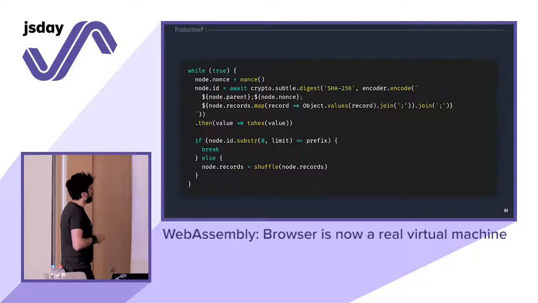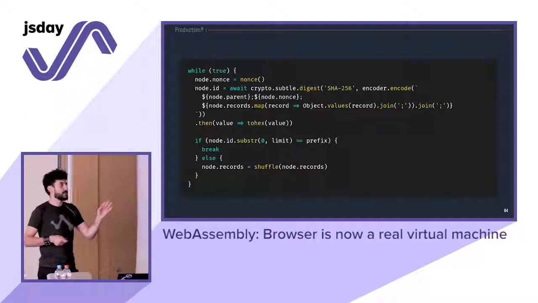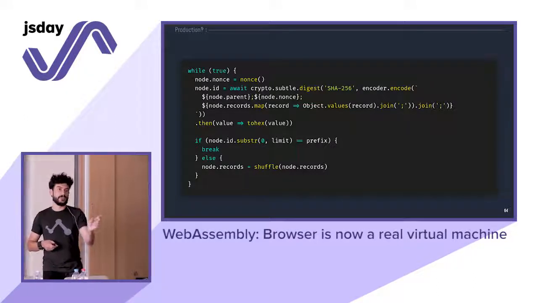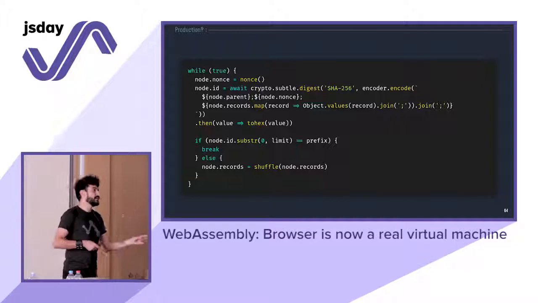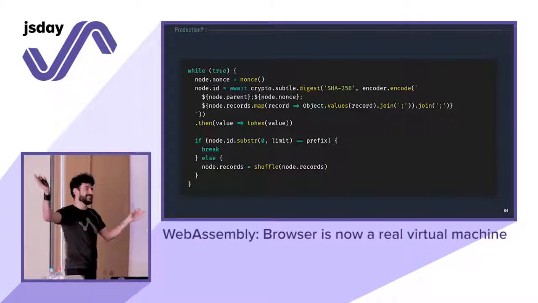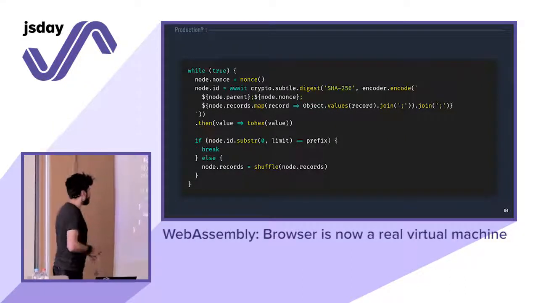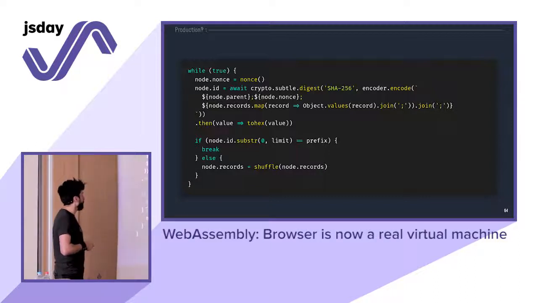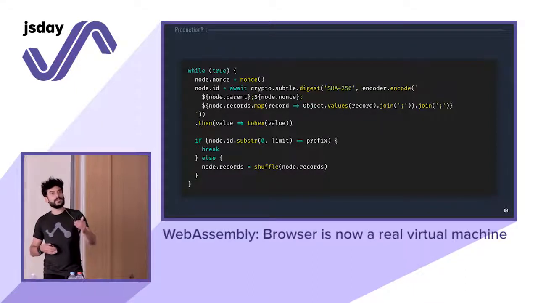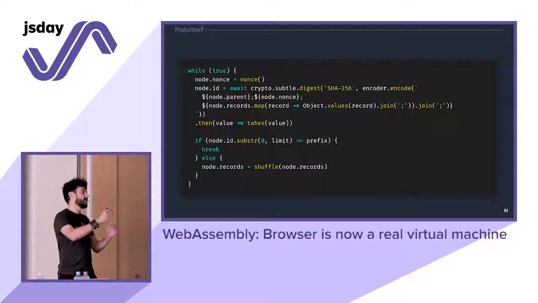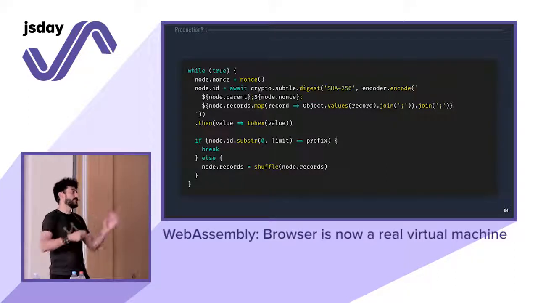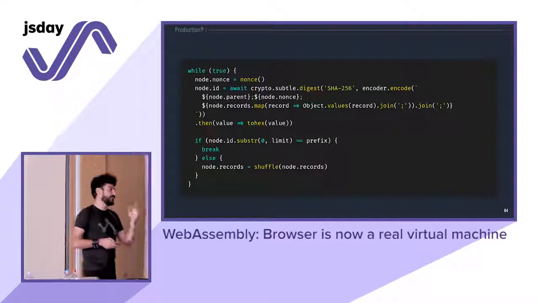Then I get the result in an x value, and I just try to find if this checksum starts with the correct number of zeros regarding my complexity, if I want 2, 3, 4, 5, 10 zeros starting the checksum. If yes, I break the loop. Otherwise, I shuffle the records, because it will increase the complexity, but it will also increase the probability to get a correct checksum faster.